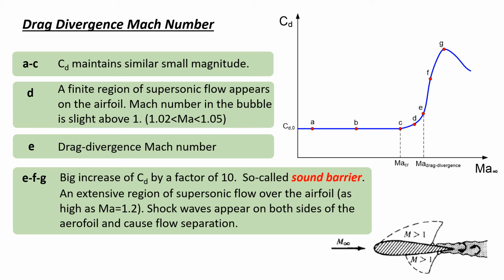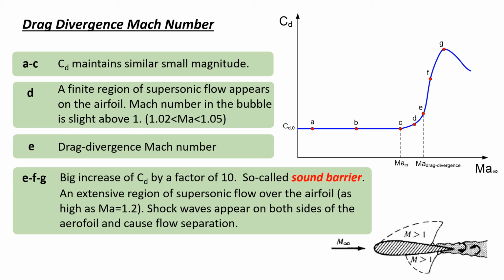Also, different manufacturers have different criteria to judge when the drag divergence Mach number happens. It might be determined as a factor of 5 or a factor of 6, but we know roughly what the drag divergence Mach number is, so it should be higher than the critical Mach number.